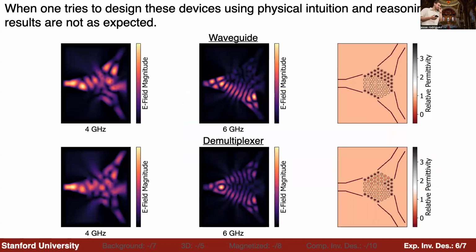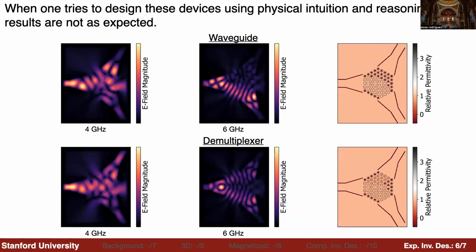I wanted to quickly reiterate that the results you saw in the computational inverse design portion were very unintuitive. If you actually try to pick the plasma densities of each of the rods yourself, so these ones are man-made, so to speak, you don't get the behavior you expected. If you were going to do a waveguide, you would turn the plasma elements in front of the port you don't want it to go into to the highest density possible, so it's metallic.